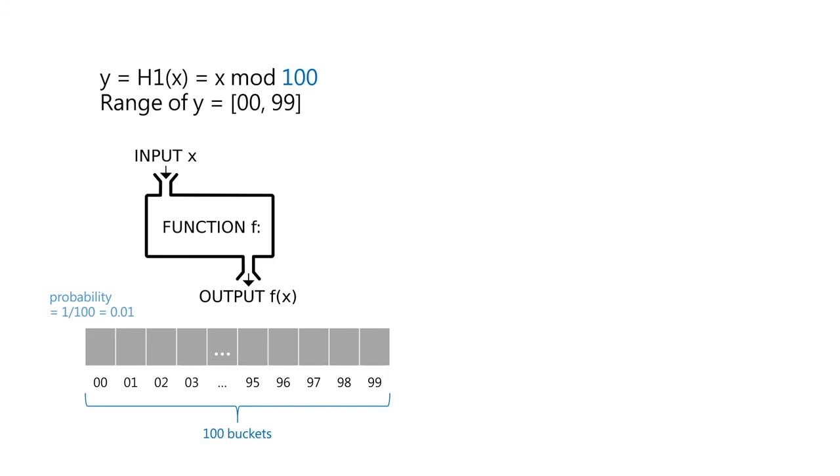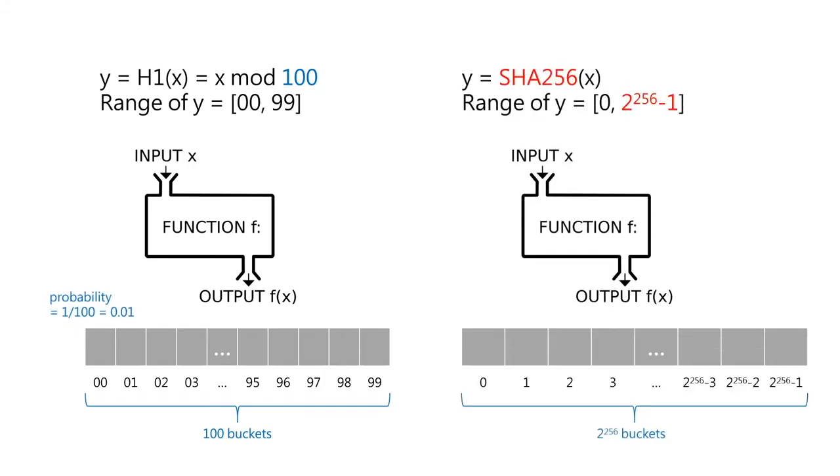Any arbitrary input has a probability of 1% to enter one of the buckets. And modern SHA-256 has 2 to the power of 256 buckets, and we consider that it is almost impossible to collide. So we can always use a hash function to identify the uniqueness of an arbitrary input.